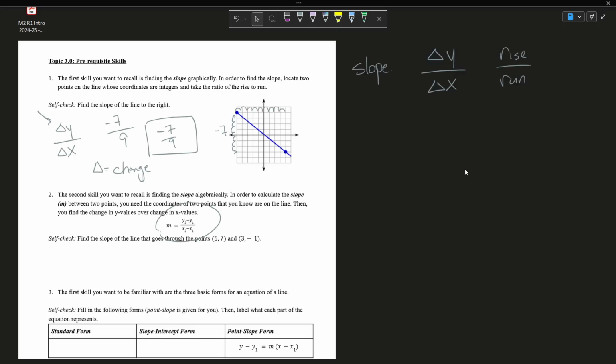How much do we go from one point to another? It doesn't matter which one is 1 and which is 2, but we want to keep them in the same order, just like similar triangles and similar polygons. So I can make this one first and this one second. I'm going to do 7 minus -1 over 5 minus 3, which gives me 8 over 2, or 4. That is my slope.